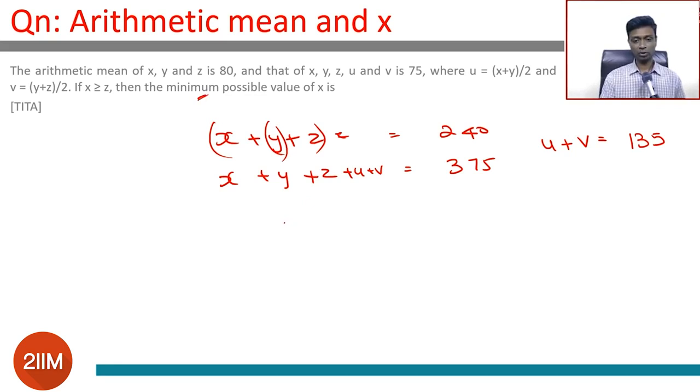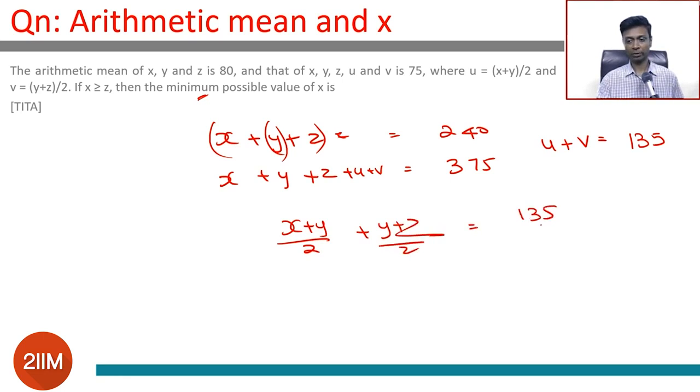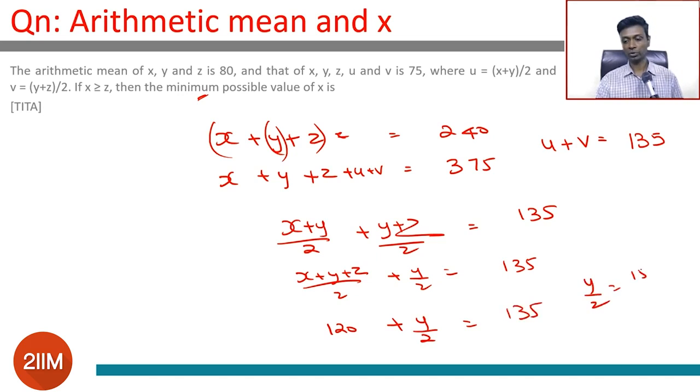So u plus v, so (x plus y) by 2 plus (y plus z) by 2 equals 135, or (x plus y plus z) by 2 plus y by 2 is 135. (x plus y plus z) by 2 is 120. 120 plus y by 2 is 135, or y by 2 is 15, y is 30.